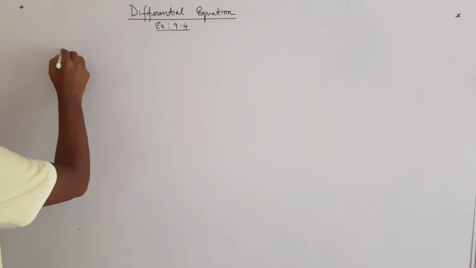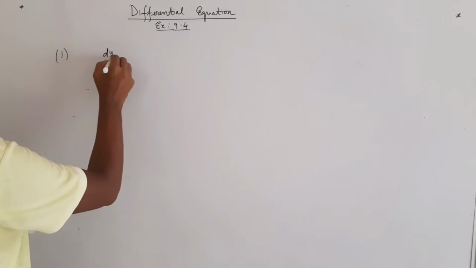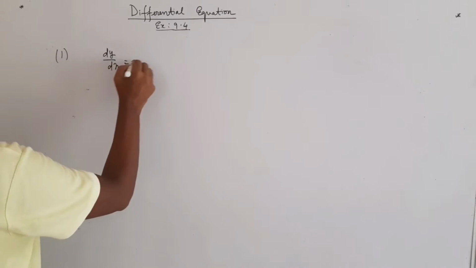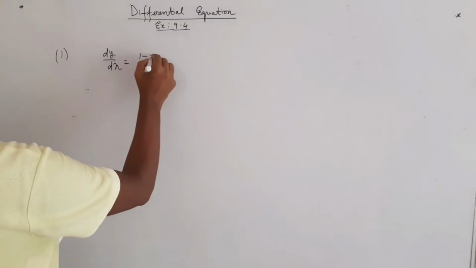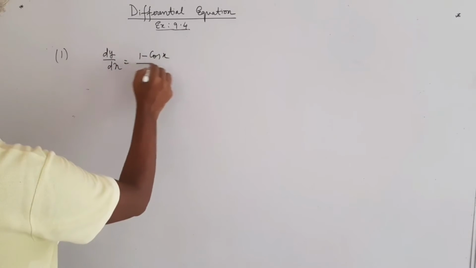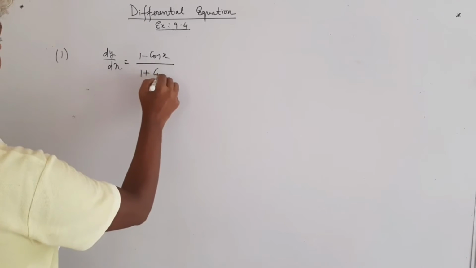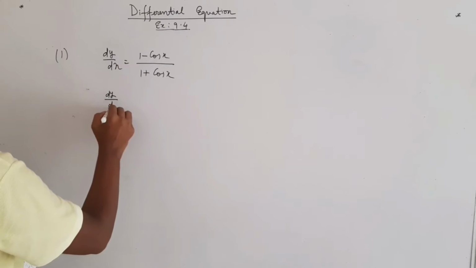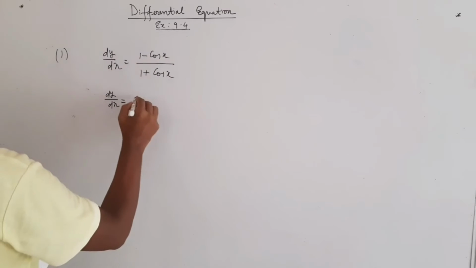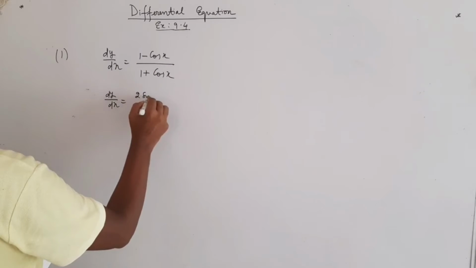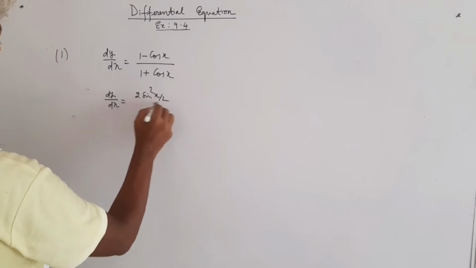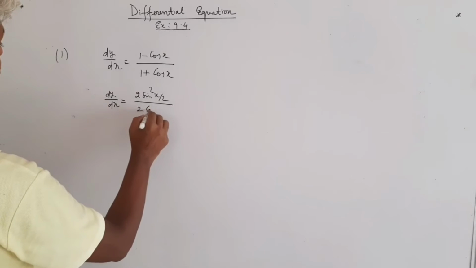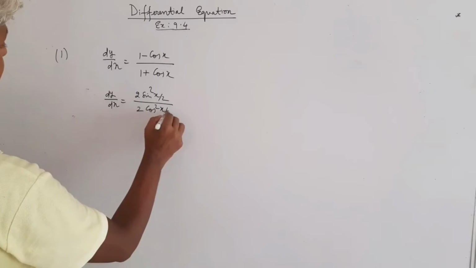Now question number 1. dy over dx is (1 minus cos x) over (1 plus cos x). Therefore dy over dx, now 1 minus cos x is 2 sine square x over 2, and 1 plus cos x is 2 cos square x by 2.